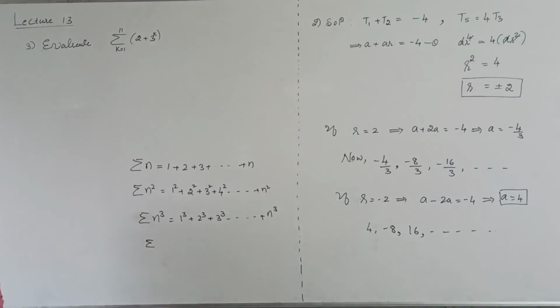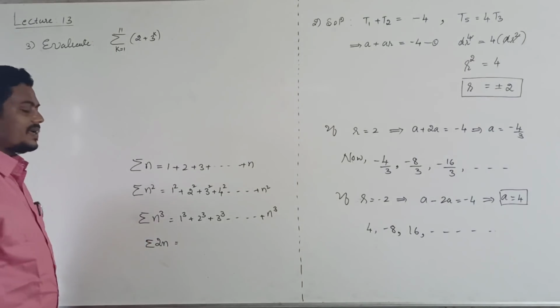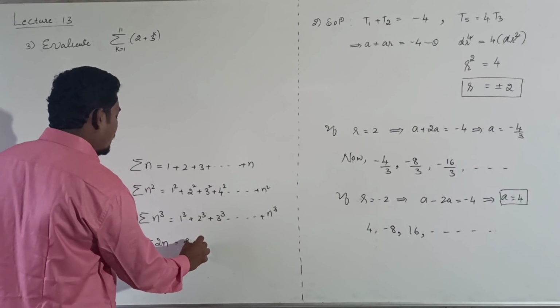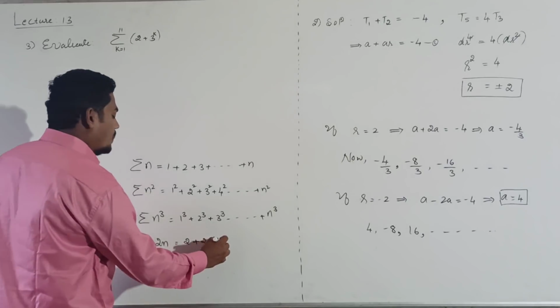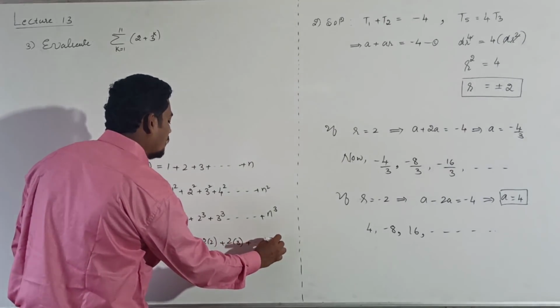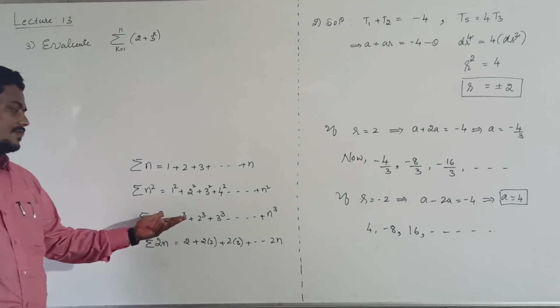Then suppose summation of 2n. What is the meaning of summation of 2n? It means 2 into 1 plus 2 into 2 plus 2 into 3 and so on, 2 into n. Sigma notation and expanded notation.